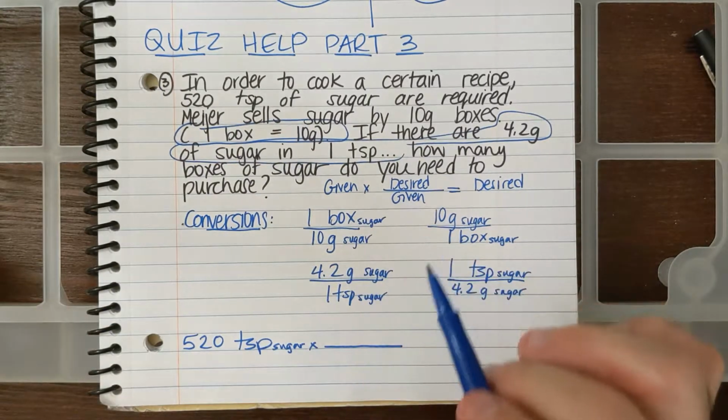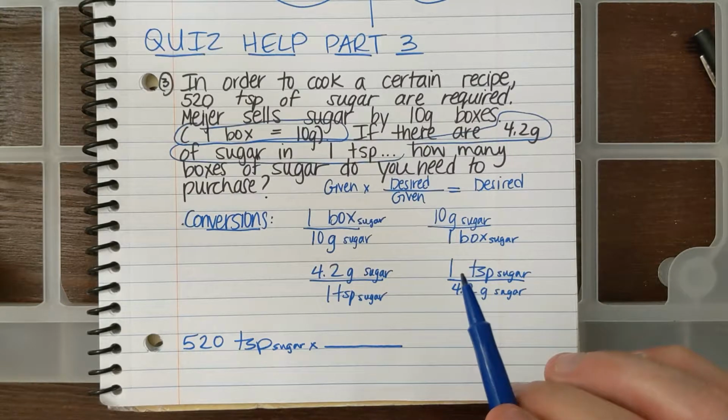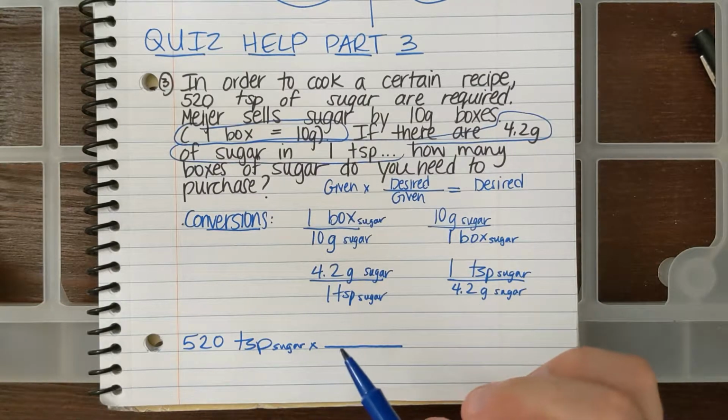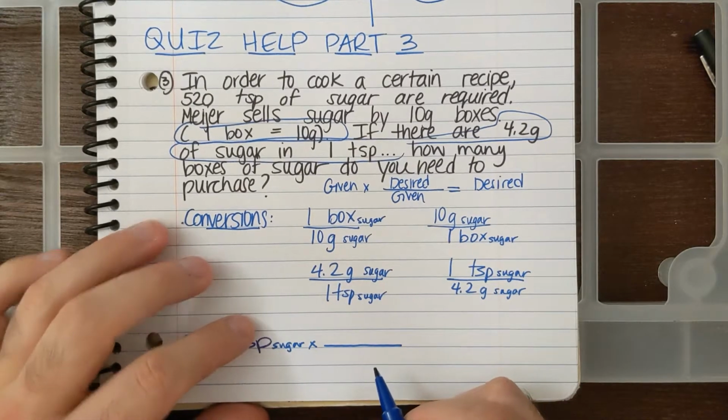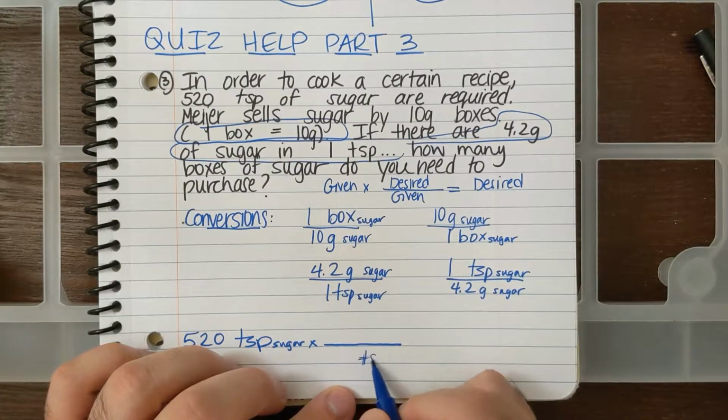Well, which of these conversion factors has teaspoons of sugar? If I'm starting dimensional analysis with teaspoons of sugar on the top, I'm going to have to put teaspoons of sugar on the bottom.